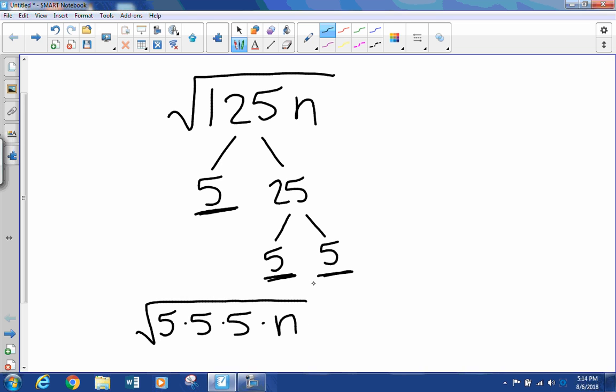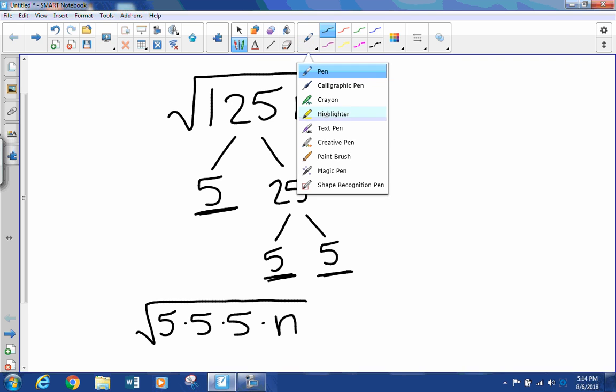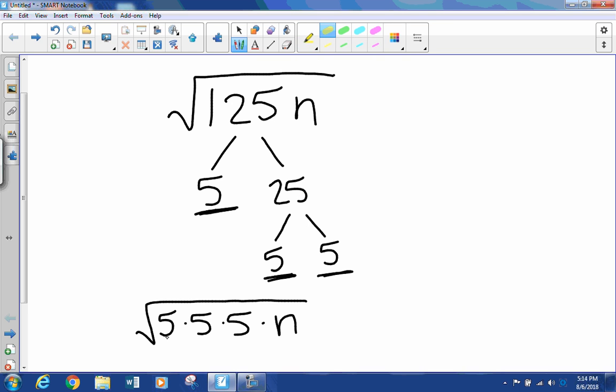After I've factored the radical completely, I'm going to go through and look for pairs of common factors, and I'm going to highlight. I see a pair of 5s, and that's actually the only pair that I have, but that's okay. Since this pair of 5s shows up underneath the radical, I can take those out of the square root, which would result in just one 5 being written on the outside.